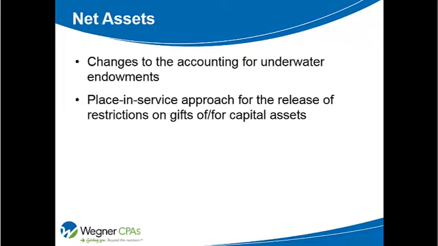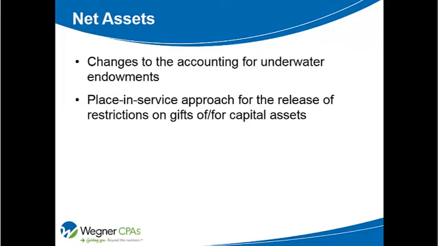The next one is for entities that may have some restrictions on contributions related to capital assets. So this could be contributions for a capital campaign, the construction of a new building, construction of a new homeless center, etc. In the current standard, there's a couple options as to how you can release those restrictions.